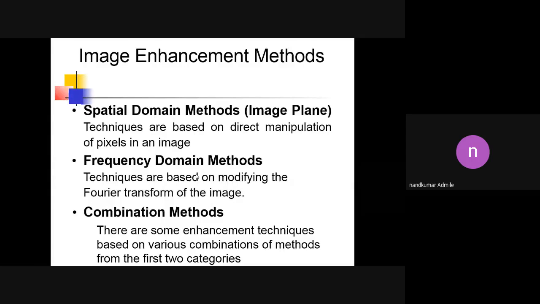In the frequency domain method we use various types of transforms, it may be the Fourier transform or cosine transform. In some cases we can use both methods. So we have to study what the spatial domain method is, what the frequency domain method is, and what the types of these two methods are. Just keep in mind we have to study these two methods in image enhancement.